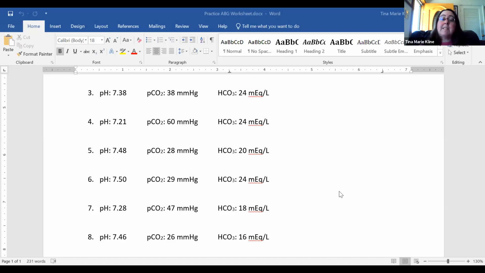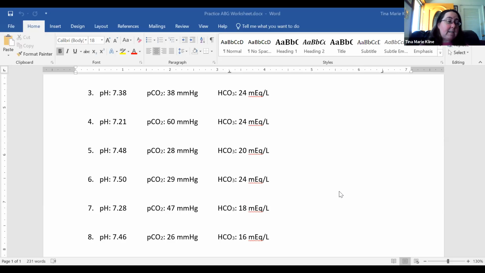Number 7. My pH is 7.28, so that's going towards the acidic side. My PCO2 is 47, so I'm a little bit high there, just a little bit high, but that is going towards the acidic side. My bicarb is 18. This is going in the same direction as my pH.